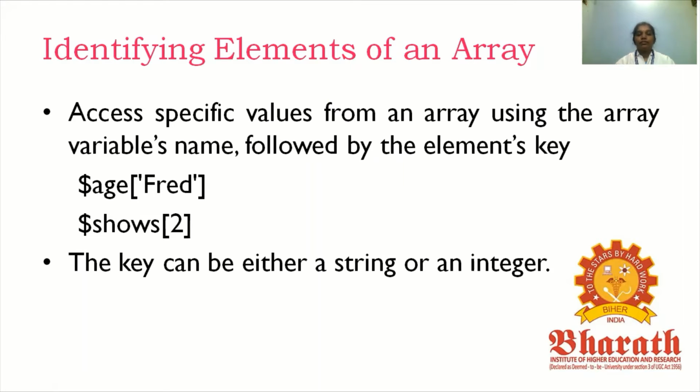What you have to do is specify the index of the element. So $shows[2] returns the third element. $shows is an array name, and $age is also an array name. In the first example, the key value is used. So both are arrays.